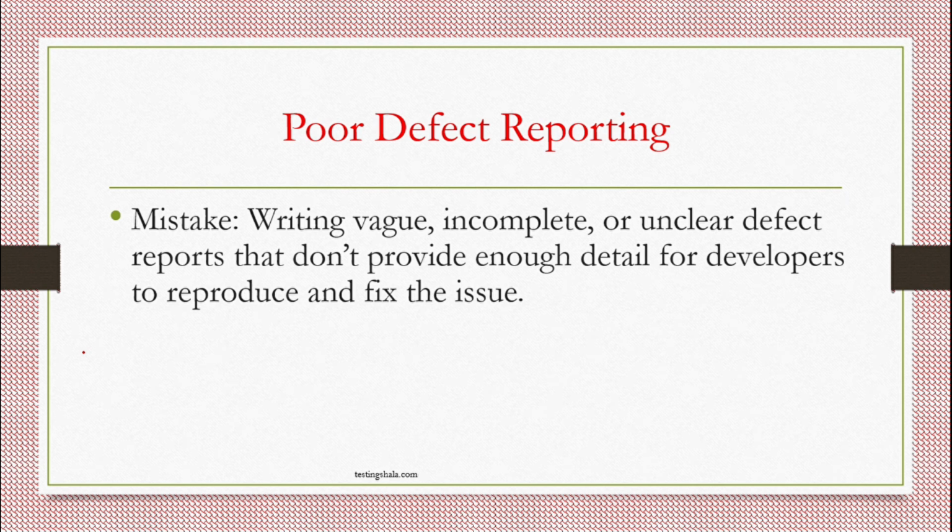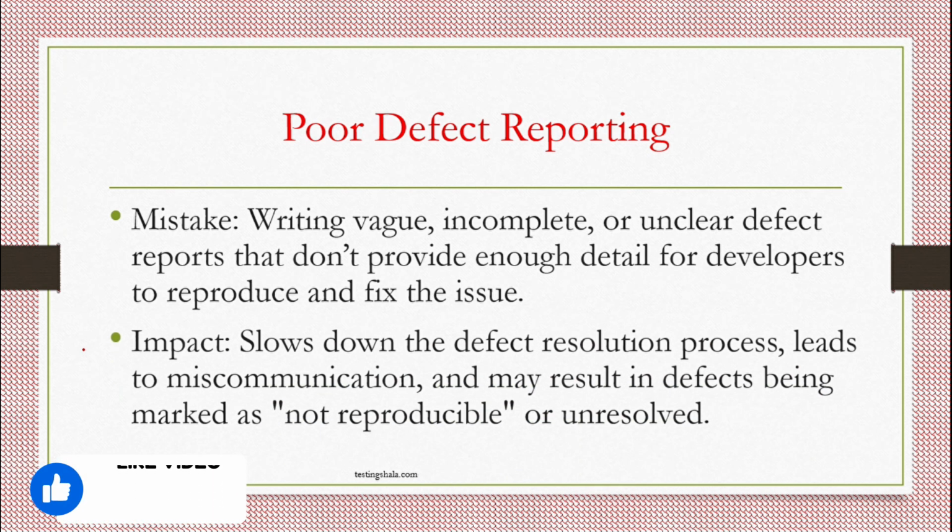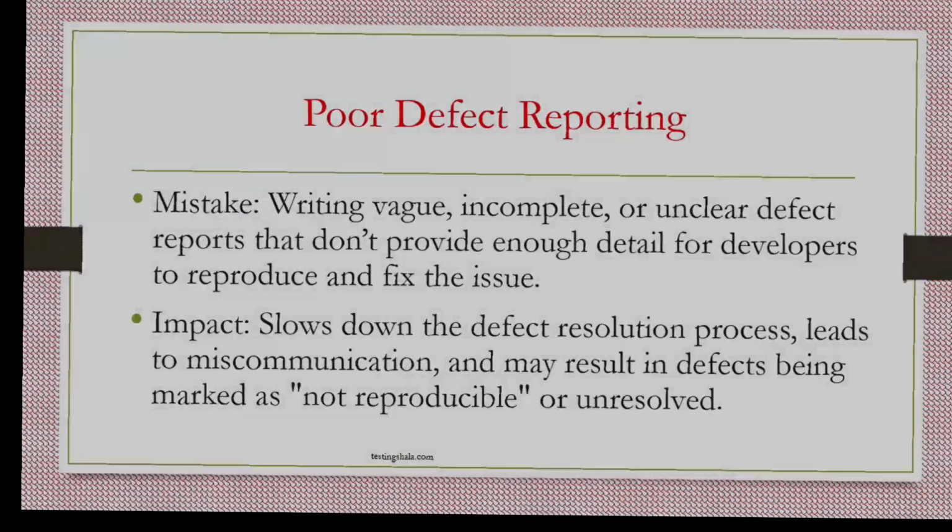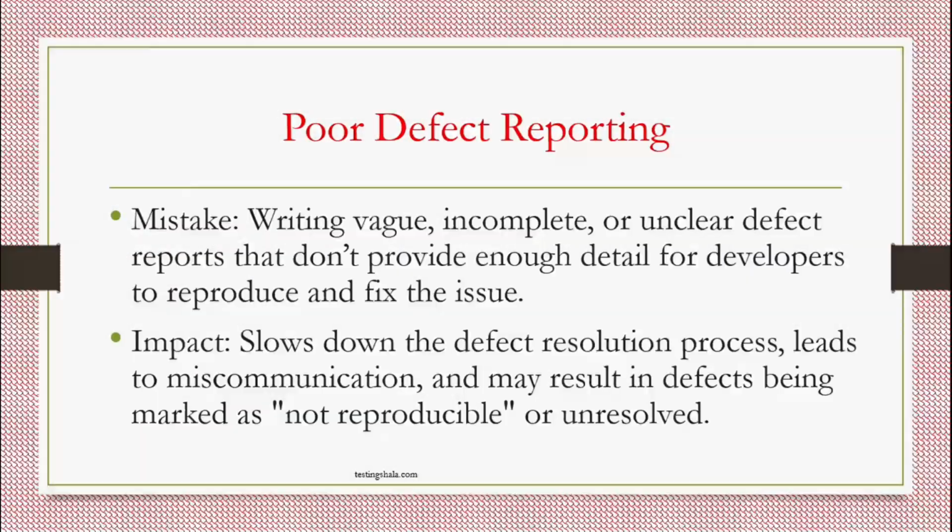Otherwise, it slows down the overall defect resolution process, leads to a lot of miscommunication, and may result in the defect being marked as not reproducible or unresolved, because we wrote the defect reports in a vague or incomplete manner. These are the 10 important mistakes we should not make while doing functional testing.